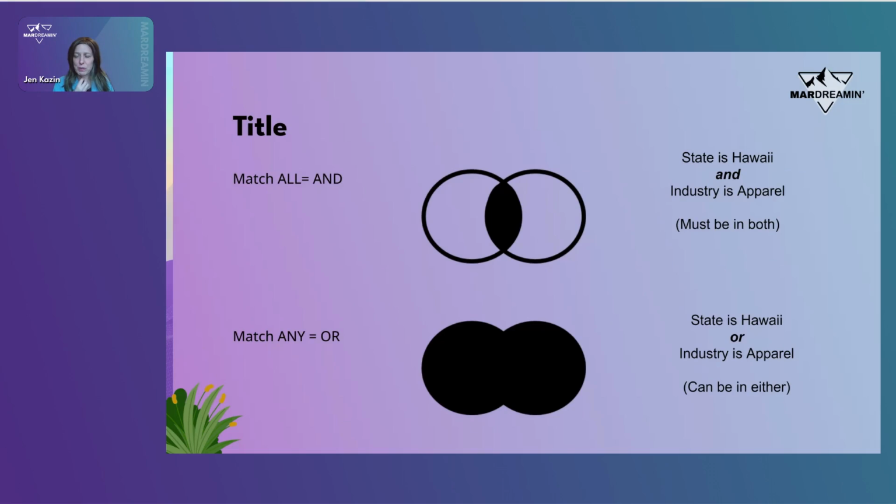Match all actually means state is Hawaii and industry apparel. When you use match all, that means and. That means they must be in both, and that's where you have the overlap there. Match any is or. That is state is Hawaii or industry is apparel. So that means you can be in both. So these are the operators that you can choose to create your criteria.